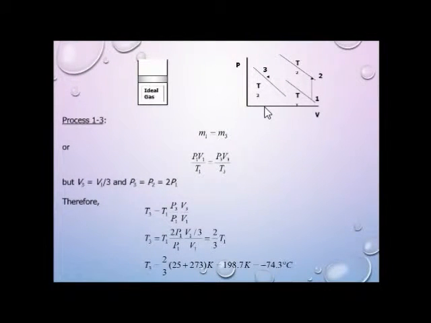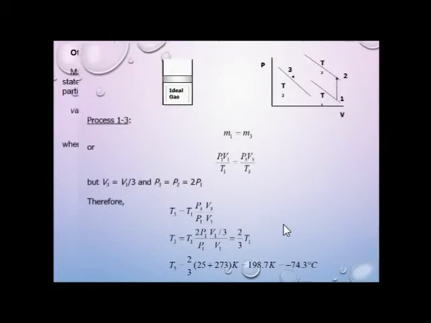As the process goes from 1 to 3, m1 equals m3, so we can use the ideal gas equation P1 V1 by T1 equals P3 V3 by T3. Given that the volume V3 is V1 by 3 and the pressure is double, substituting the values we get the temperature T3 in terms of T1, and by putting in the value of T1, we get T3 equals minus 74.3.